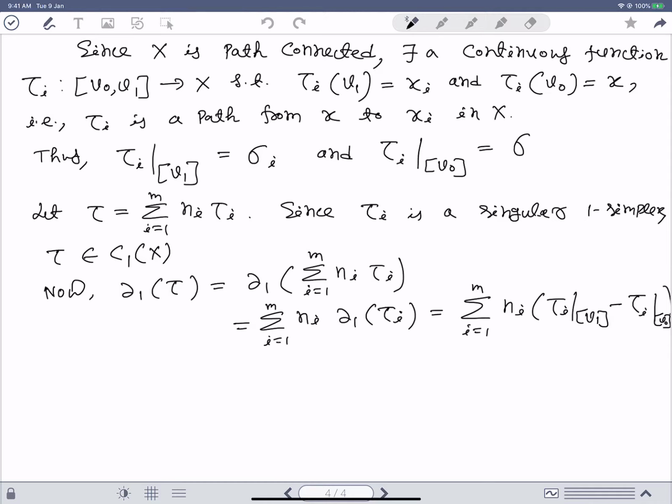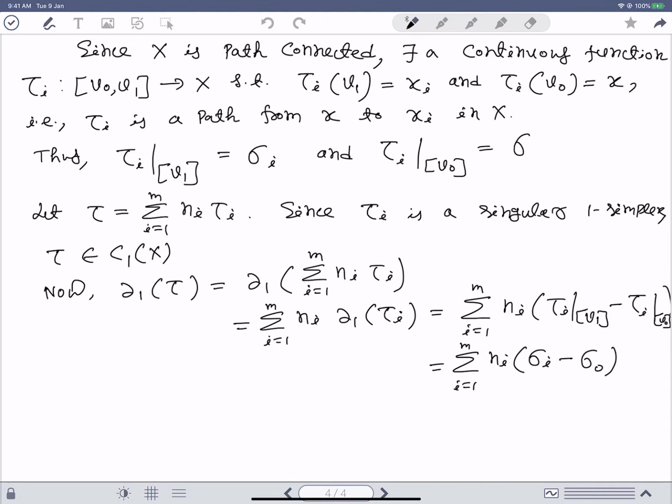Now we have already seen that. So summation i equal to 1 to m n_i, and tau_i restricted over v1, right? Its image is xi. So this is sigma_i.